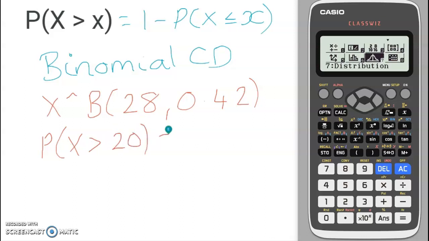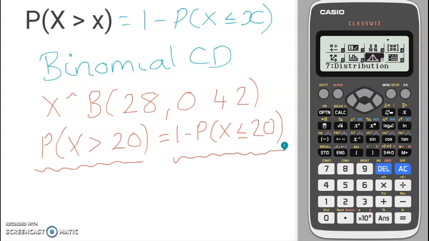This is the same as 1 minus the probability x is less than or equal to 20. The probability on the left is looking for x values 21 up to 28, and the probability on the right is looking for 20 and under. As probabilities have to add up to 1, those are now equivalent probabilities.